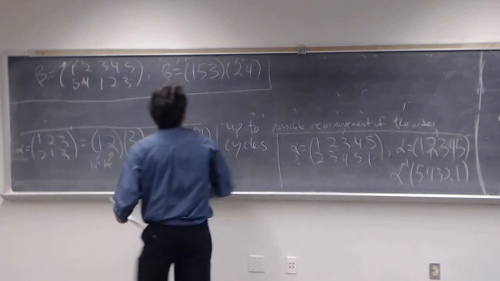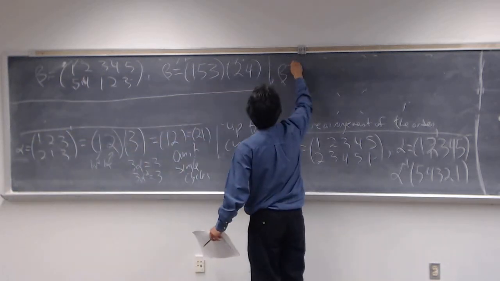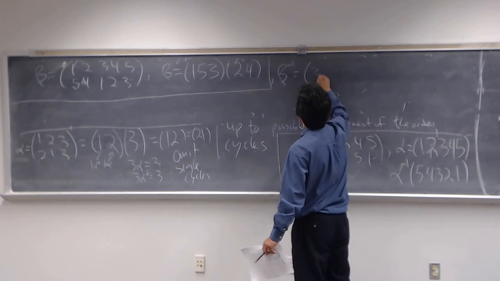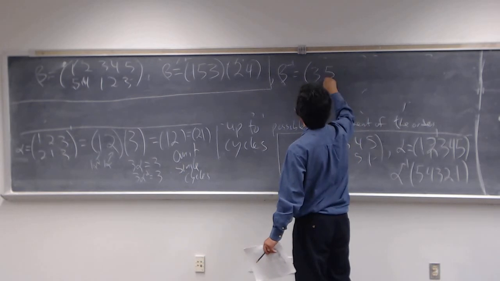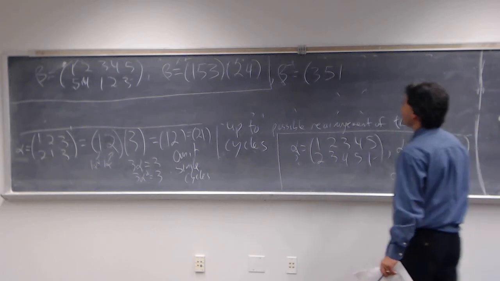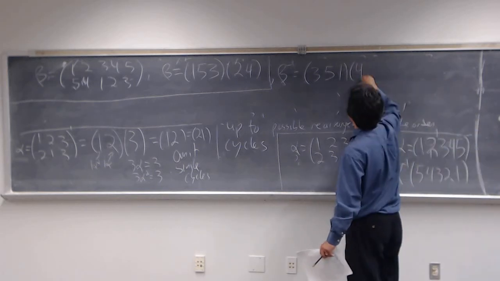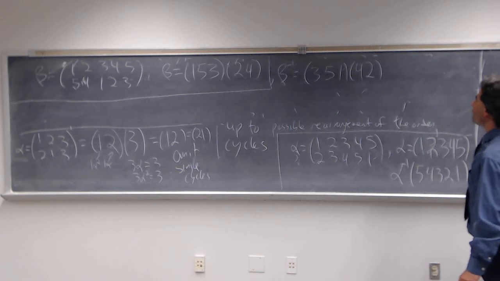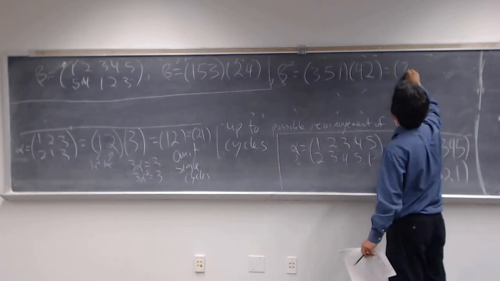And then if you want to take beta inverse, you can just take the inverse of each cycle. So you could do (3 5 1) and then (2 4).